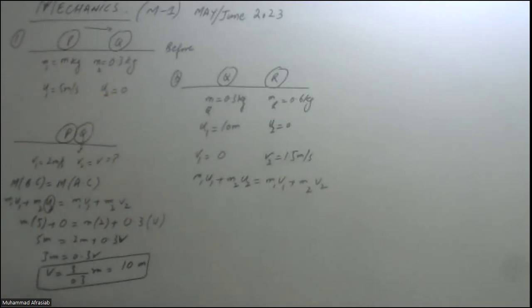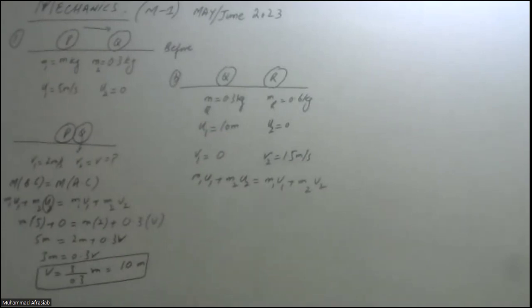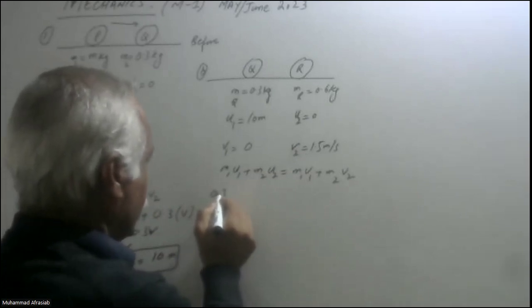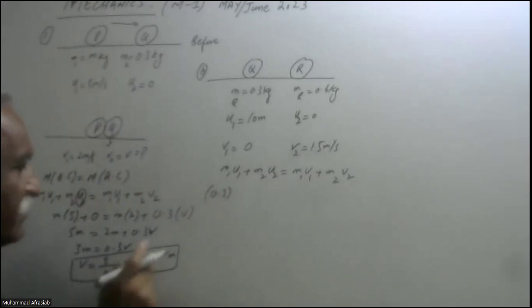Q is moving with the speed of 10m. So m1 for particle Q is 0.3, into u1, and it is moving with the speed of 10m.